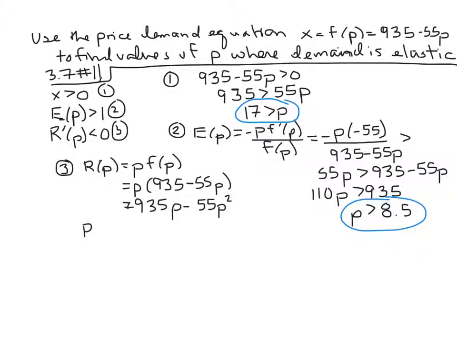Take the derivative, which leaves us 935 minus 110p. That has to be less than 0.